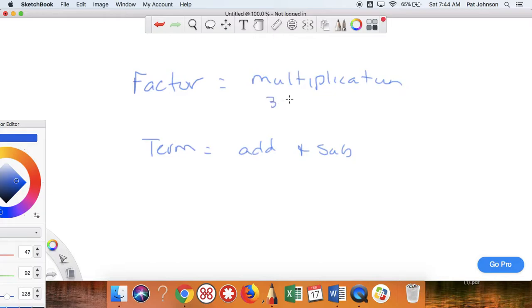So 3 times 6 times 5 times 4 is all one; they're all factors. Factor times factor times factor times factor. Then x squared plus 3 plus 2 minus 1: I have 4 terms here because they're separated by pluses or minuses. Now, whether they're like or not like is a whole different story. But we need to know the difference.